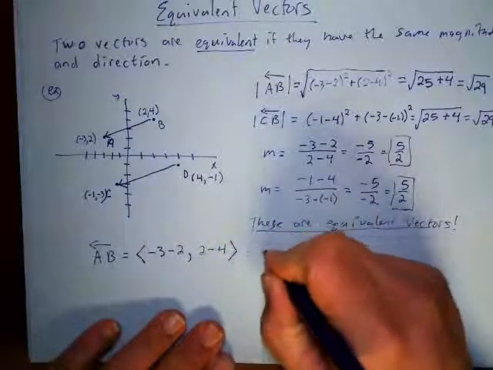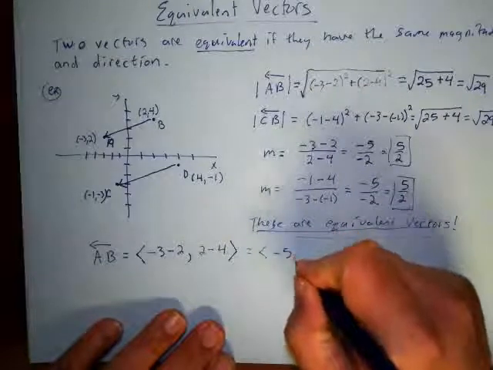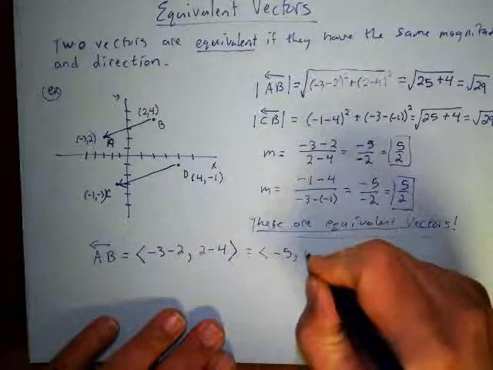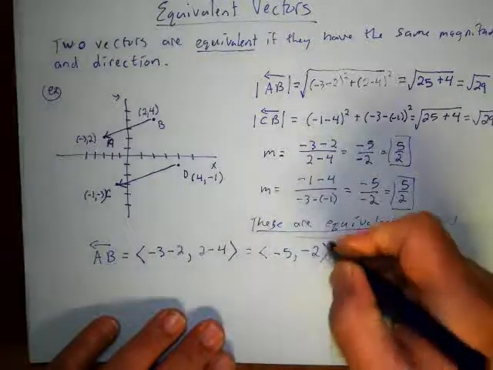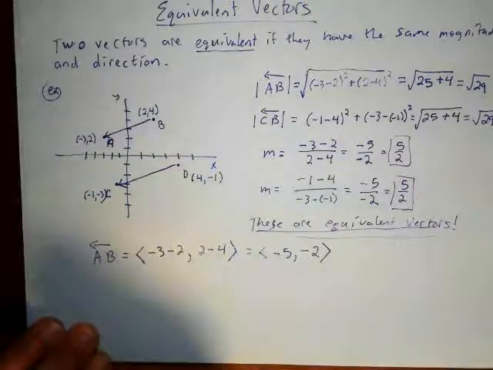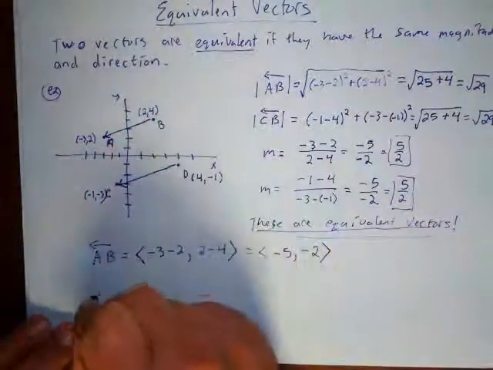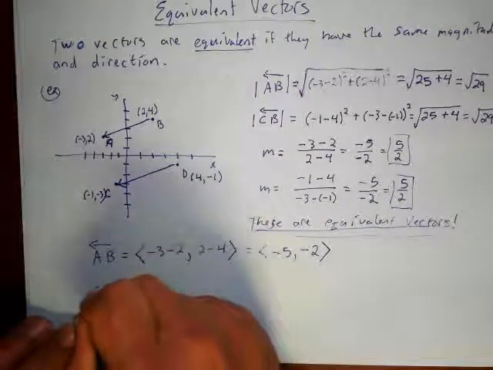And what I get here is [-5, -2]. This is known as the component form of this vector. And so what about CD?